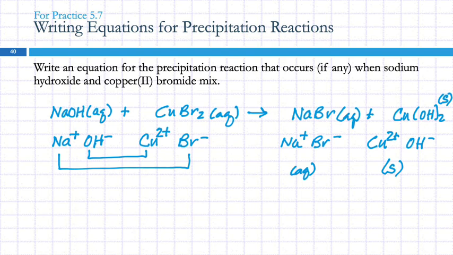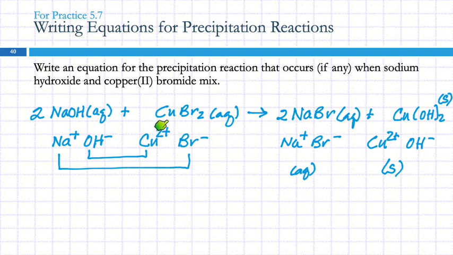So in order to balance that, I can put a 2 in front of sodium hydroxide. When I put a 2 here, now I messed up the sodiums that I just balanced. So let's take care of that before we forget about it. I need to put a 2 here. Now I have 2 sodiums and 2 hydroxides on each side.